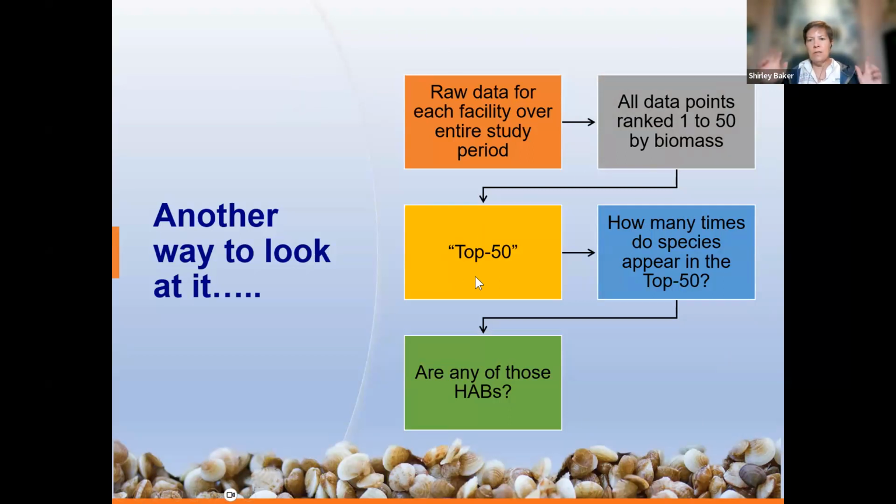So he gets this top 50. And then you can ask, how many times does a species appear in that top 50 over those 2 years? That gives you an idea of how important that species might be at that location. And you can also ask, are any of those potential harmful algal bloom species?